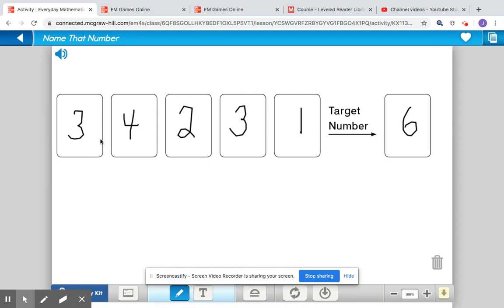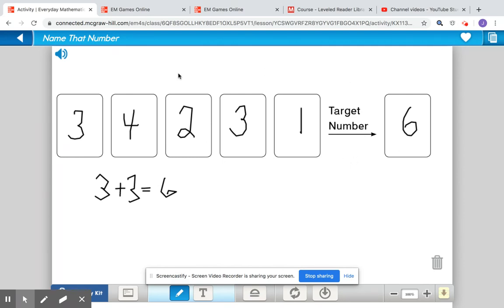So based off of the numbers that I put in the boxes, I need to find two numbers that add together to hit my target number of 6. I know that 3 plus 3 is a doubles fact, and it equals 6. So I know that those two numbers can add together to give me my target number.